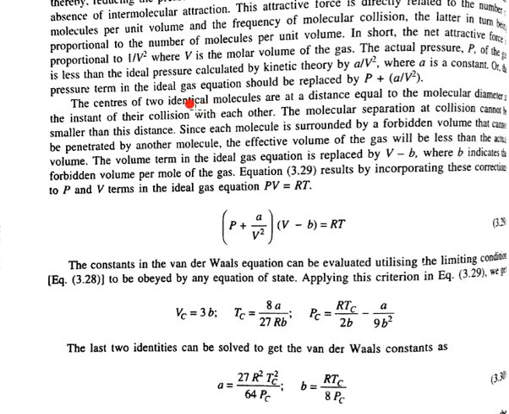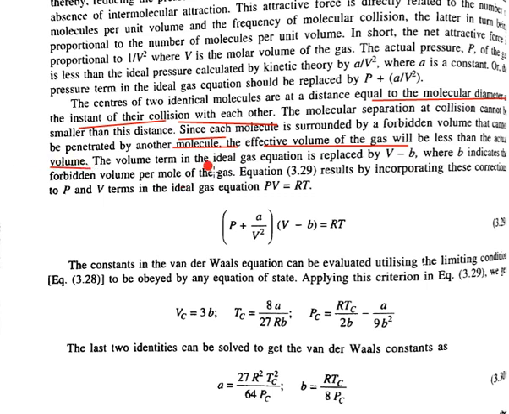The centers of two identical molecules are at a distance equal to the molecular diameter at the instant of their collision with each other. The molecular separation at collision cannot be smaller than this distance, since each molecule is surrounded by a forbidden volume that cannot be penetrated by another molecule. The effective volume of the gas will be less than the actual volume.